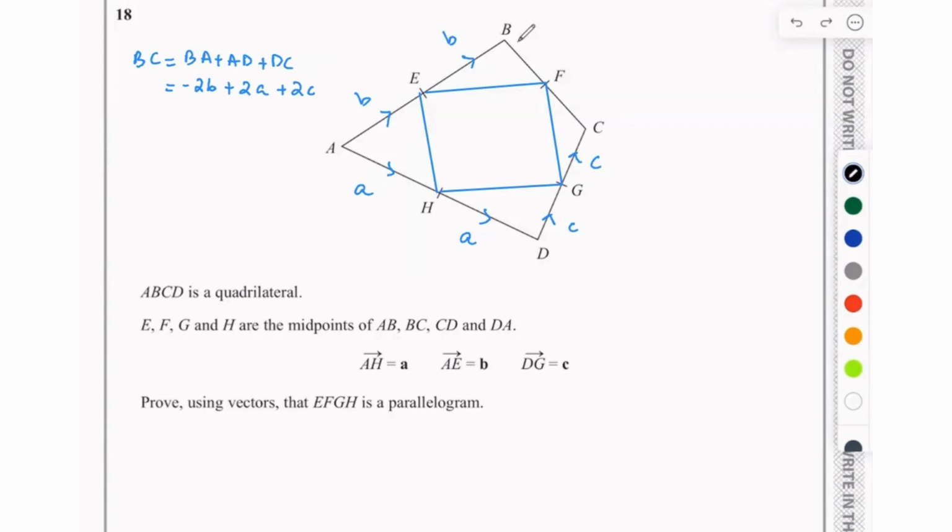So now we can find the vector for BF and FC, which is going to be half of this.